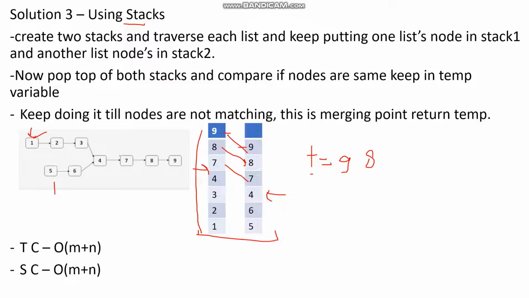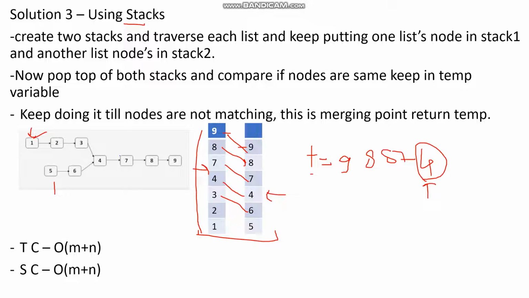Then we will pop 7, and update our temporary variable with 7. Then we will pop 4, both are matching, so we will update our temporary variable with 4. Then we will pop 3 and 6, both elements are not matching, so we will return our temporary variable element, that is 4, because we found our merging point.